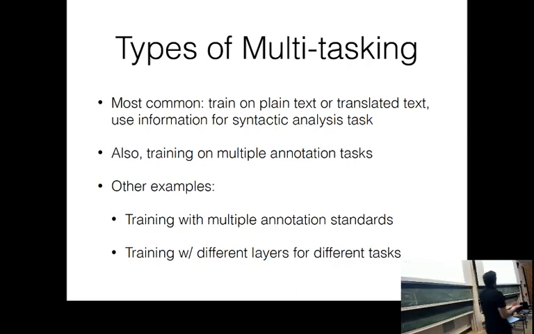Another thing that you could do is train on multiple annotation tasks. And this might be very useful in cases where you have different annotation types that all basically denote the same thing, right?